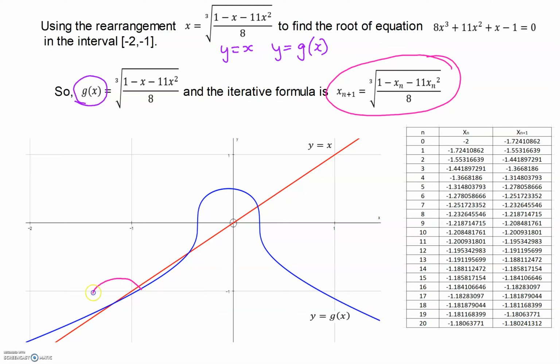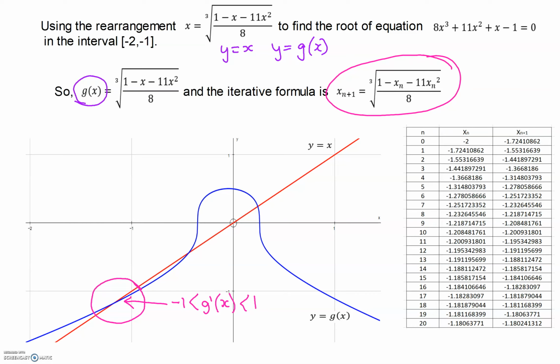We're trying to find the root here, which is the intersection of these 2 graphs, and you can see that for the blue curve, which is y equals g of x, the gradient is below the y equals x line, and y equals x obviously has a gradient of 1. So we can say the gradient of the curve is between -1 and 1, i.e. g dashed of x is between those 2 values. And so it should work that we can use this iterative formula.